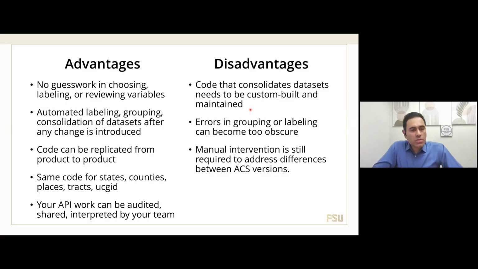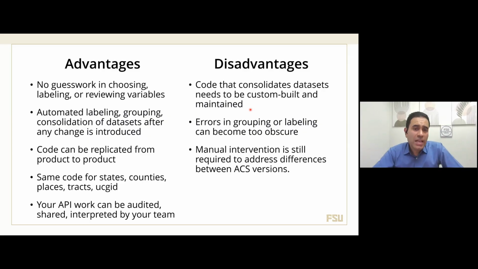We can reuse the code for management of data that has to do with states, or, for example, the ACS for counties, for places, for census tracts, or for areas denoted by the UCG ID. And finally, the work with the API can be audited, shared, and interpreted by your team in a way that is more meaningful and contextual than just the URL.